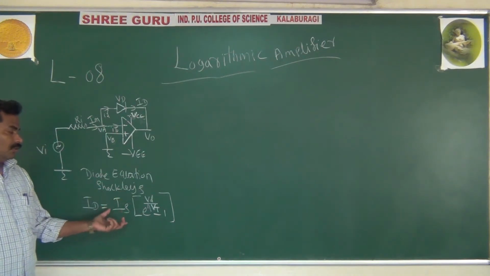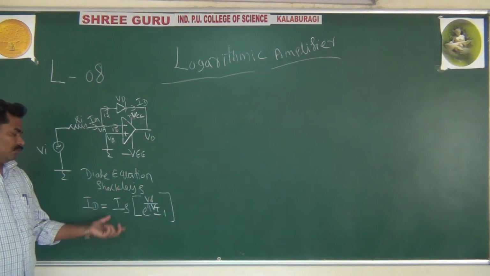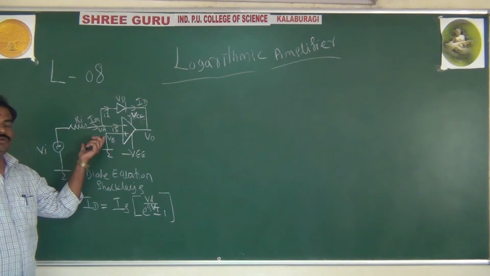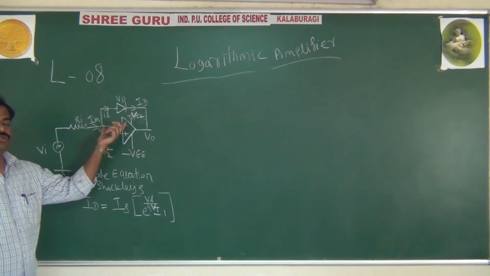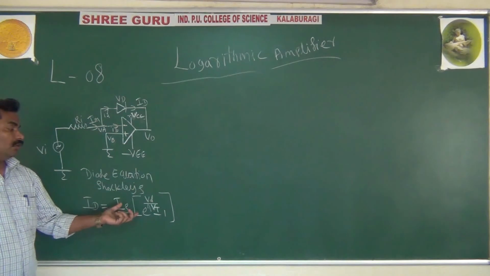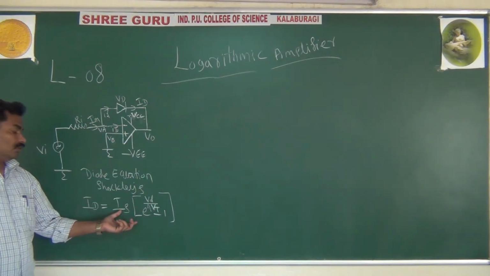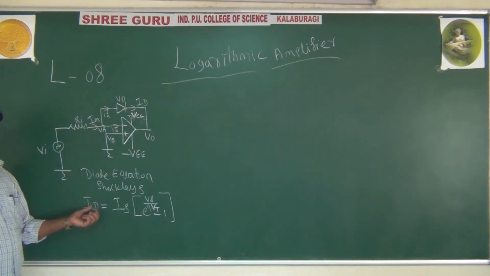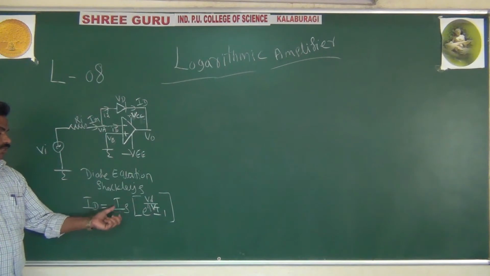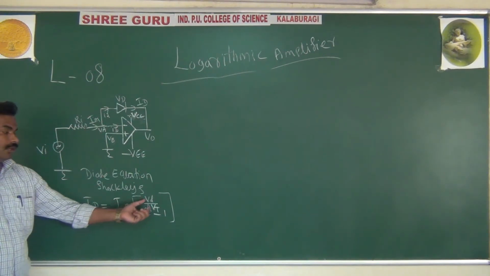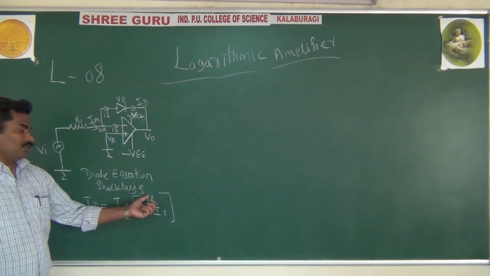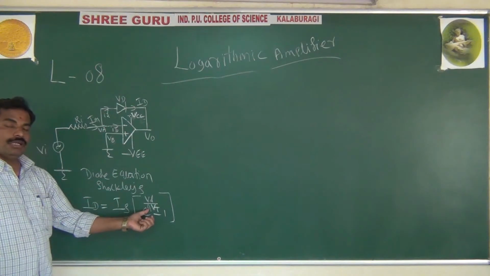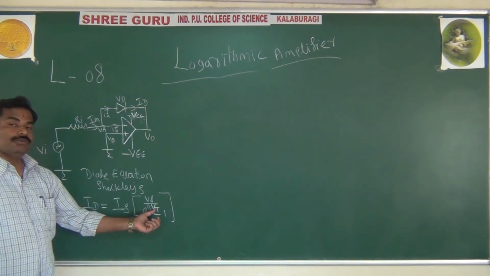This is the diode equation, called Shockley equation, and this equation indicates how much current flows through the diode and how much the voltage drop across the diode is, and it gives the information about current and voltages. As usual, here ID is nothing but the diode current, IS is the reverse saturation current, VD is the voltage across the diode, eta is the ideality factor, and VT is the thermal voltage.